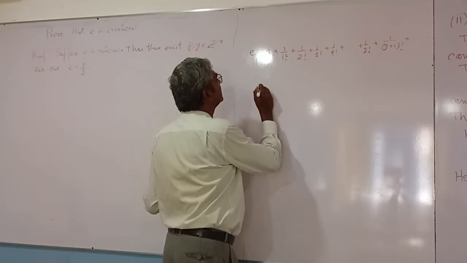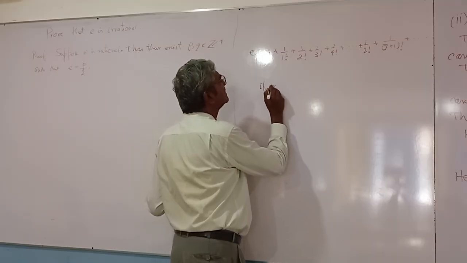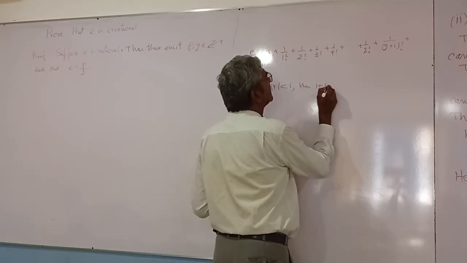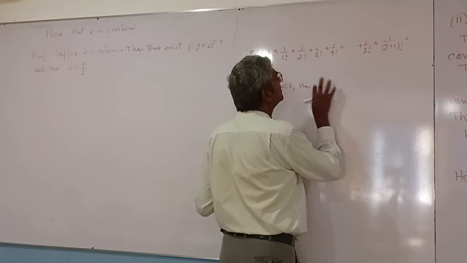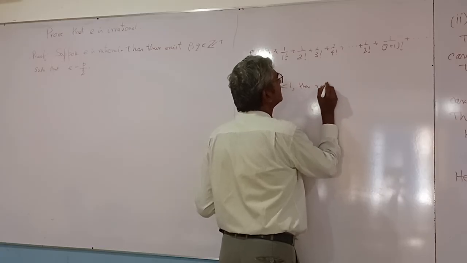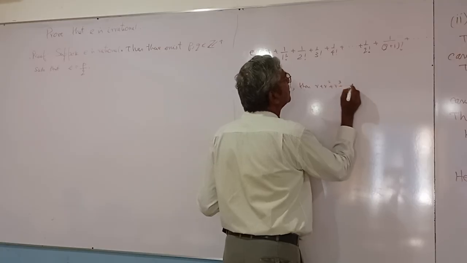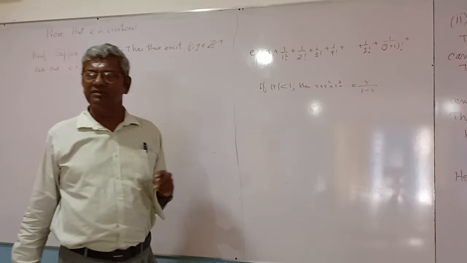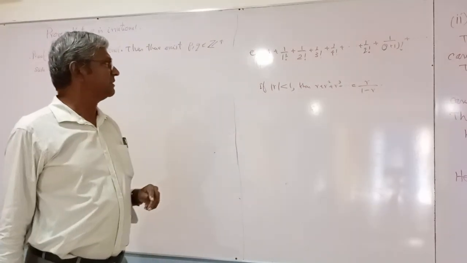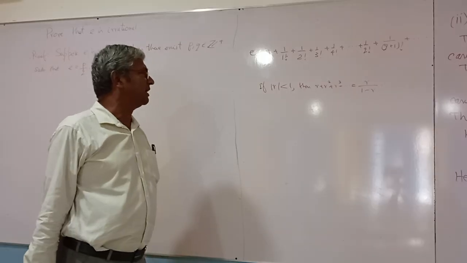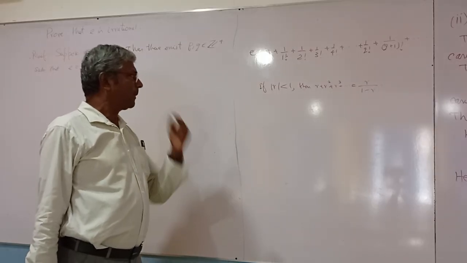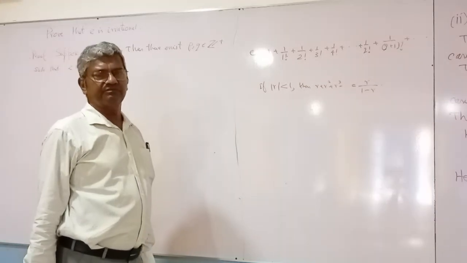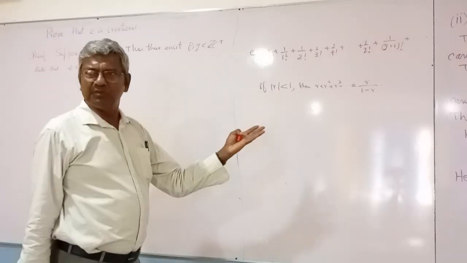I'm going to assume if the absolute value of r is less than 1, then r plus r squared plus r cubed, bingo, is equal to r over 1 minus r. You know this one, no? r is a number smaller than 1 in absolute value. Then if you add r plus r squared plus r cubed, you get r over 1 minus r. You can prove this easily.